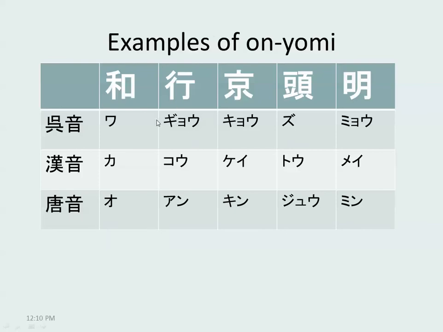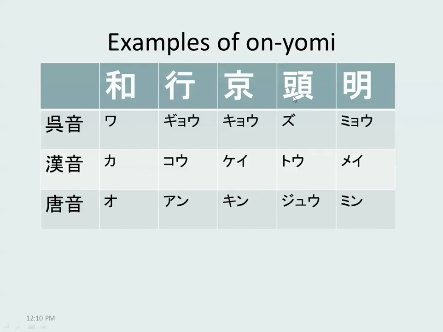This character can be read gyo, or ko, or an. This character can be read kyo, Tokyo no kyo. It can be read kei, and it can be read kin.